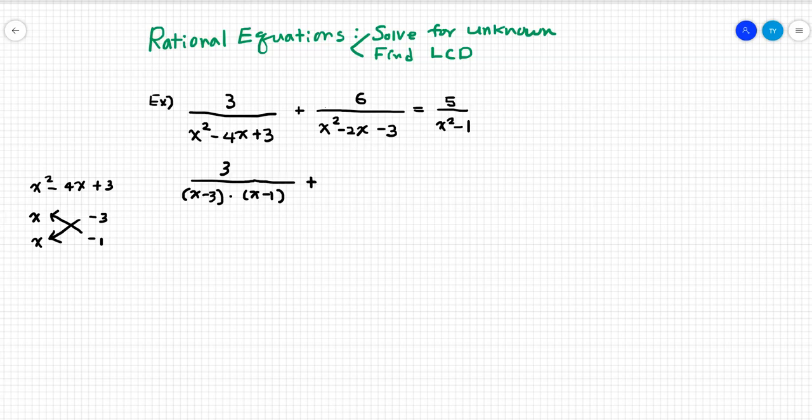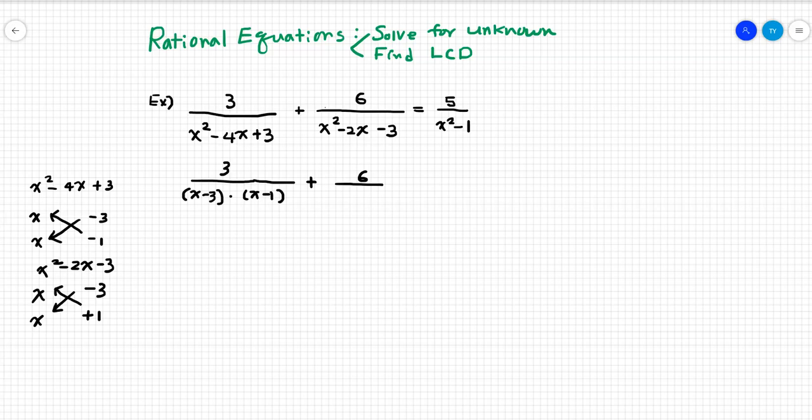We're going to do the same thing for the next term over here. So if I see x squared minus 2x minus 3, same thing, I have x and x, and the same 3 and 1. But this time, I'm going to have a minus 3 here and a plus 1 there, because if I cross multiply this way, I get minus 3x, and if I cross multiply this way, I get just x.